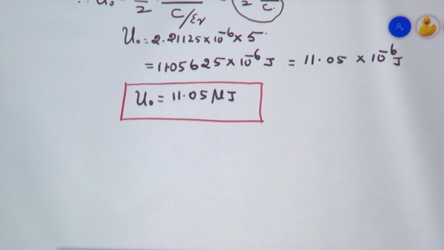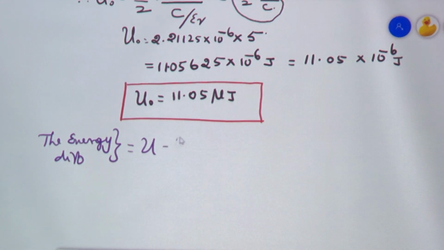From these two, we can calculate the energy difference. Introducing a dielectric will increase the capacitance and it will also change the stored energy. So, I can calculate the energy difference. What is the energy difference? Energy difference is equal to epsilon minus epsilon 0.